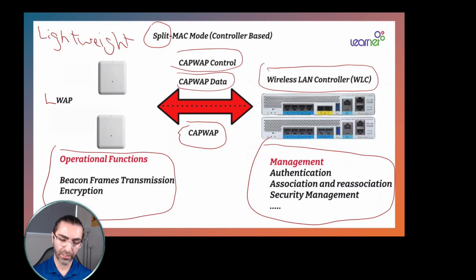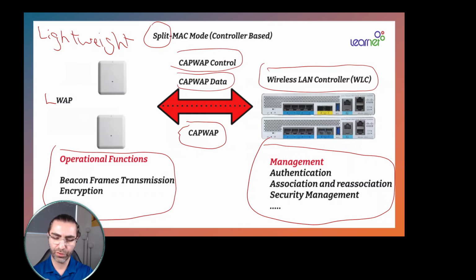Because it's a tunnel that is running in layer 3, these two devices, I mean the WLC and WAPs, do not need to be in the same layer 2 network. So the wireless LAN controller can be somewhere else, and the WAPs can be somewhere else, in terms of IP networks. They just need IP connectivity to be able to talk to each other.